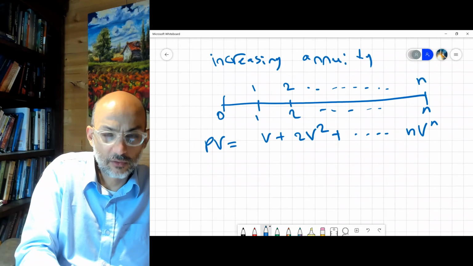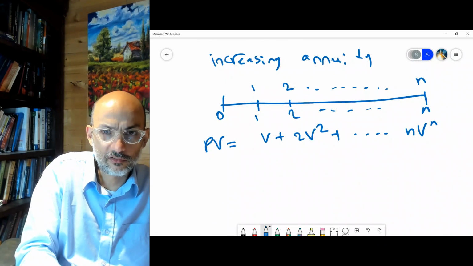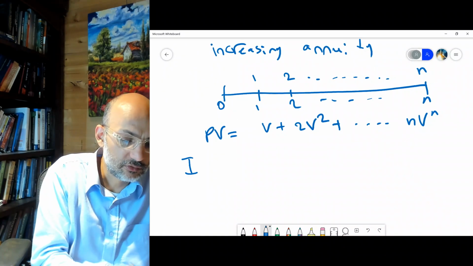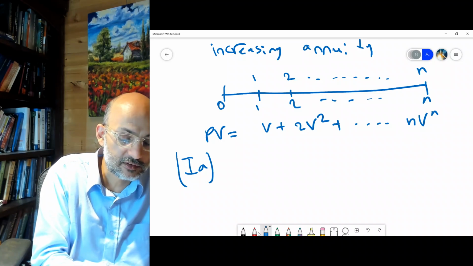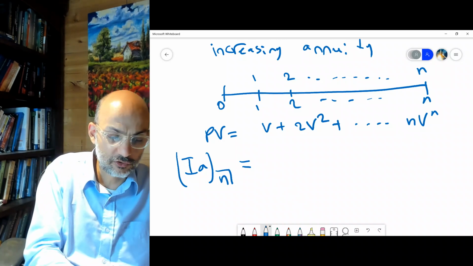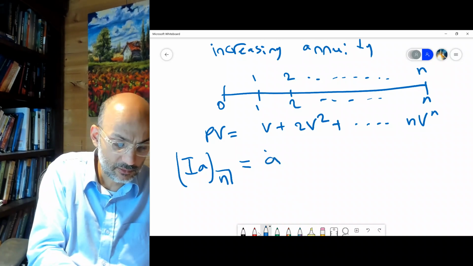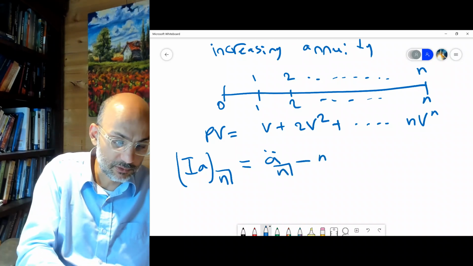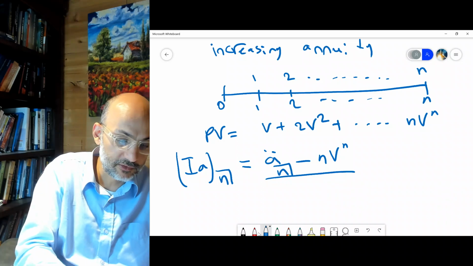There is also a way to use the geometric series, taking the derivative, but let's go directly to the summation. We use this notation: I for increasing, a for annuity, without dots to say it's at the end of the year, angle n. This one you need to memorize. You can derive it yourself, but it's good to memorize it: the numerator minus nv^n, divided by i.